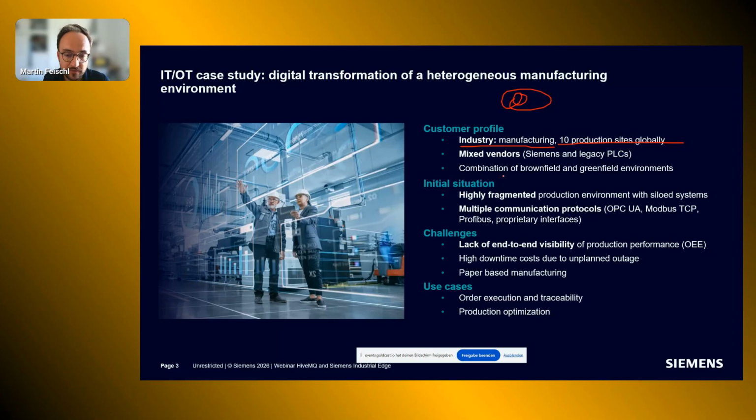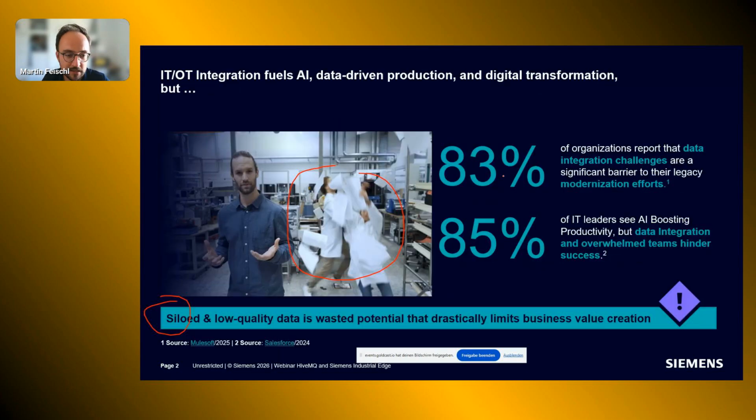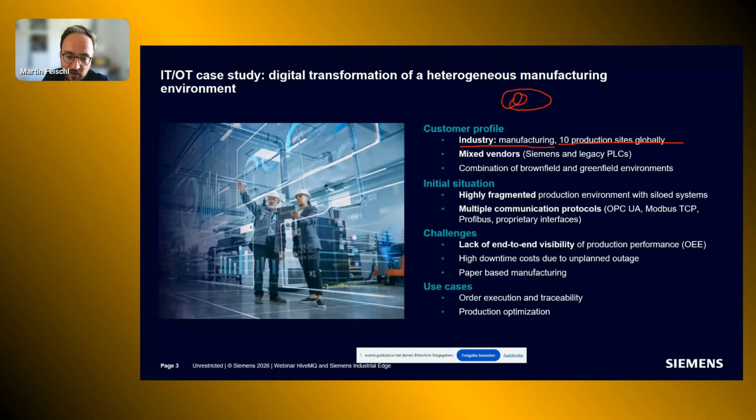We have a lot of downtime costs due to unplanned outages because there is any kind of production stop and we do not know when it's happening, why it's happening, and so on. And you didn't see it on this picture here, but we have a lot of paper in our manufacturing. So we have a paper-based manufacturing.